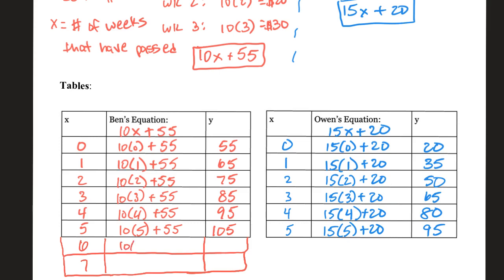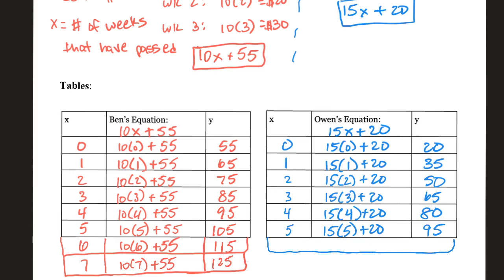So we got 10 times 6 plus 55. And if you notice, I don't really have to do math anymore because I just noticed that everything is going up by 10 at this point, which makes sense because he is saving $10 each week. So this is 115. And this is 10 times 7 plus 55, which is going to give me 125. Let's see if that is enough for Owen to catch up.